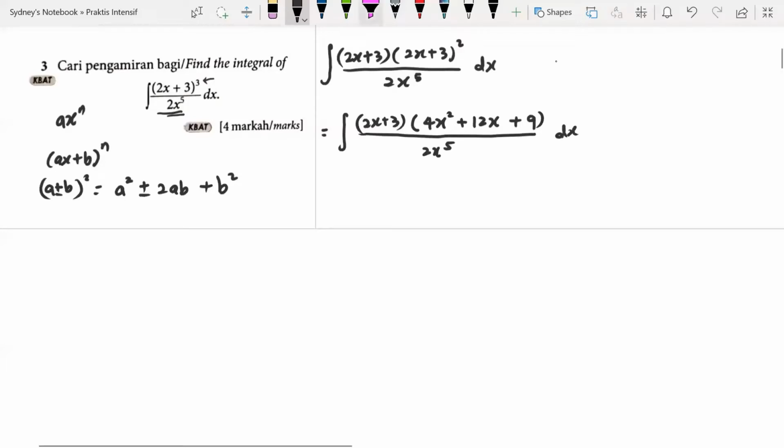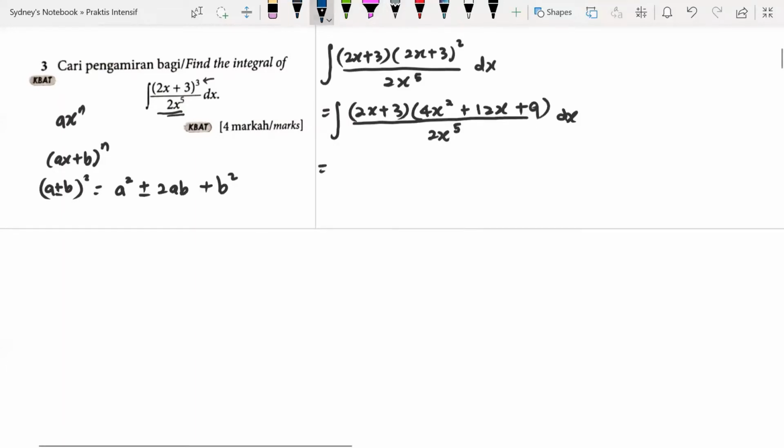And next we expand one by one. Okay, open up the bracket. So we take 2x times 4x squared, so we have 8x cubed, followed by 2x times 12x, so we have 24x squared.